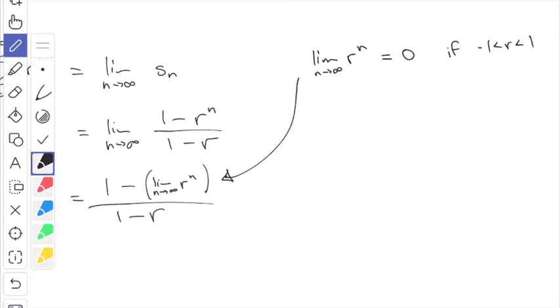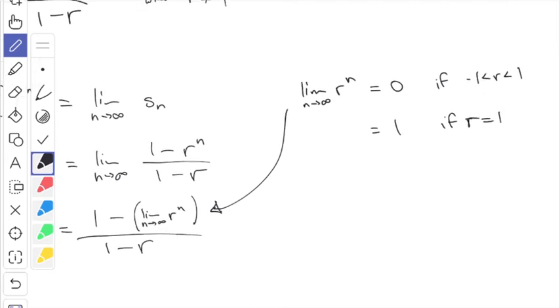Remember this? It equals 1 if r equals 1, and then it diverges for all other values. This is what we talked about maybe last time, maybe two times ago. I don't remember exactly. It diverges for other values. Remember that?